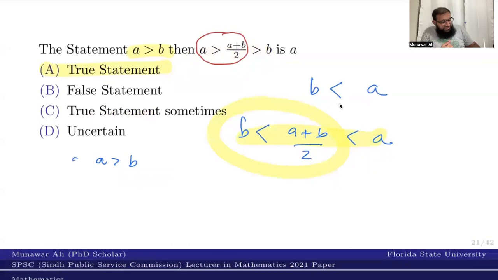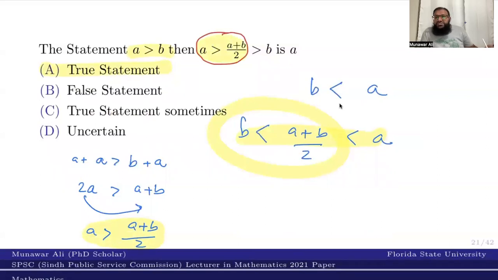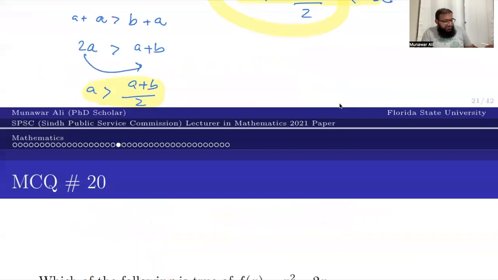I'm adding A on both sides. Will this be 2A greater than A plus B? A plus A is 2A, and the right-hand side is B plus A, which I can write as A plus B. I'm just taking this 2 and dividing over there. A is greater than (A plus B)/2. So I just proved the first part. Similarly, I can prove the other part and I'm done. Okay, this was MCQ number 19.